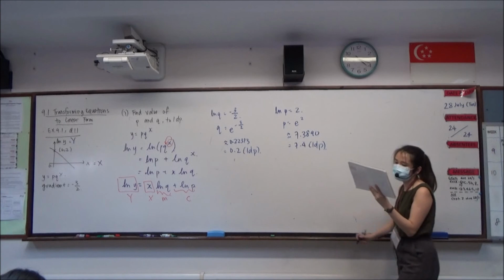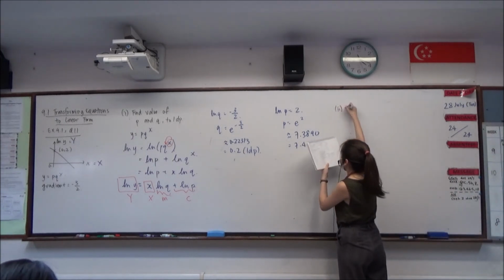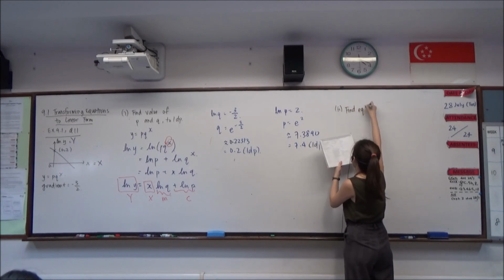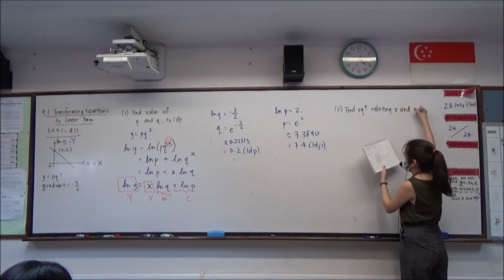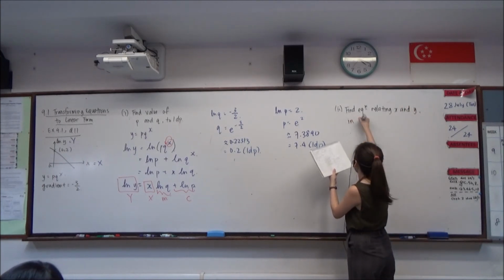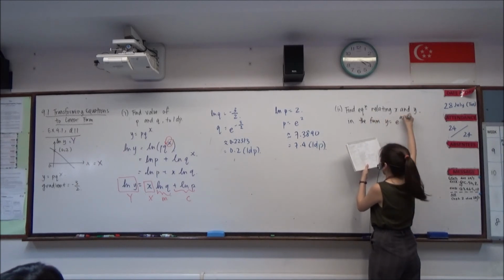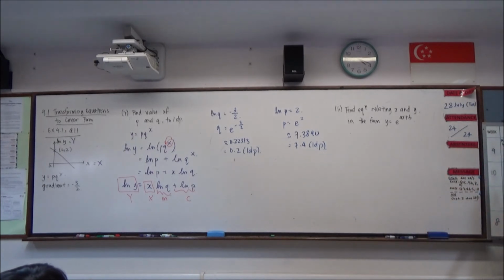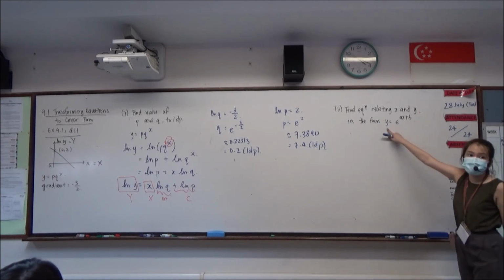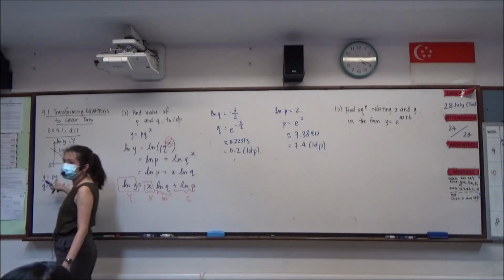Then we want to find the equation relating x and y in part 2. We want it to be in the form y equals e to the power ax plus b. But right at the start, we are given y equals pq to the power x.